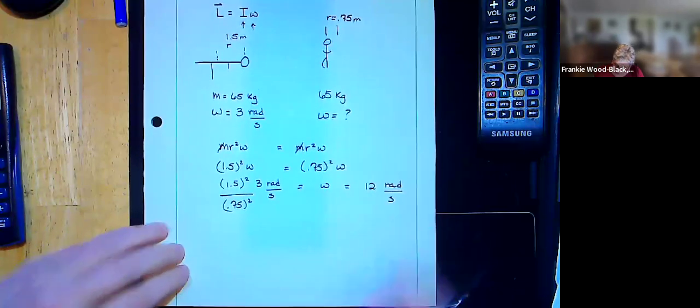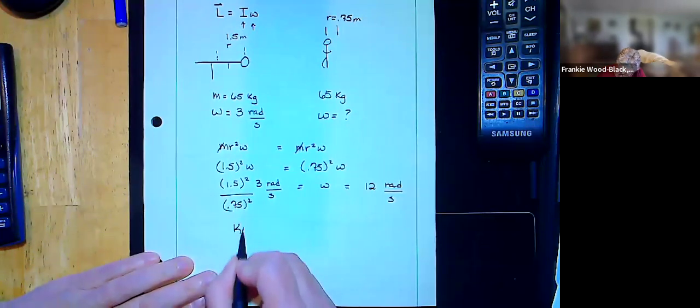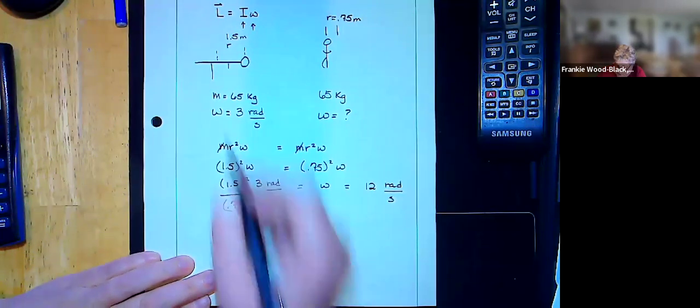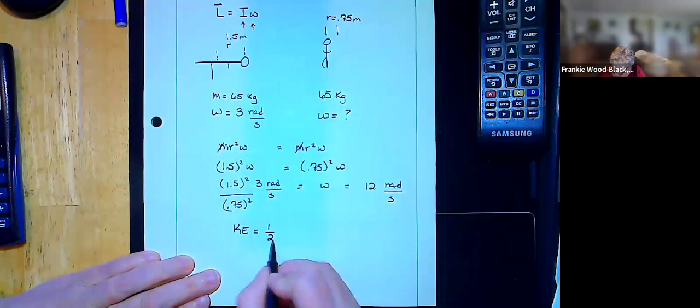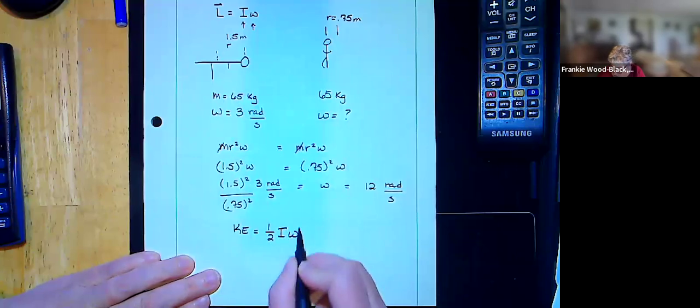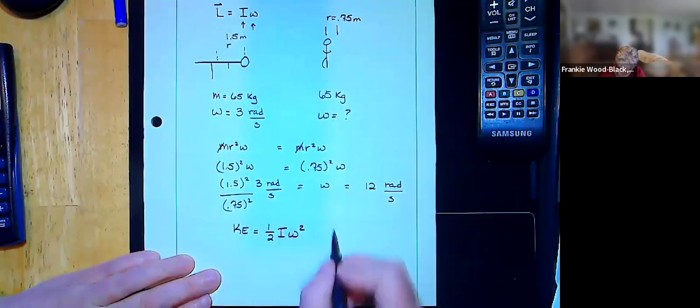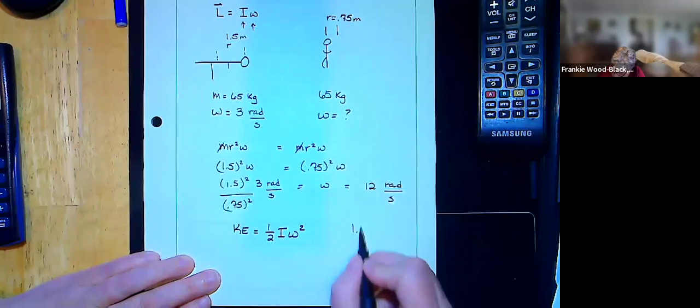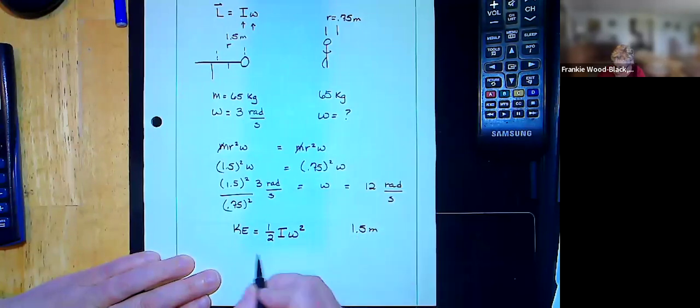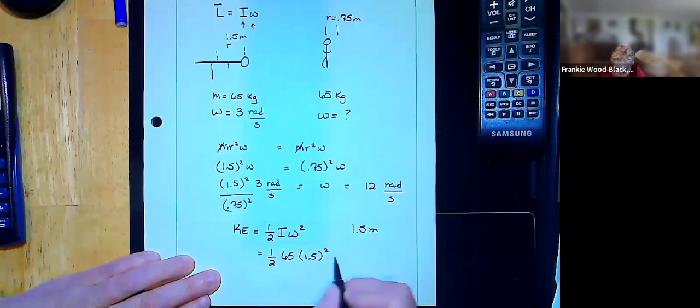We can also calculate the kinetic energy. So let's do the kinetic energy, 1/2 I omega squared, for our 1.5 meters. This is going to be 1/2 times 65, times 1.5 squared, times 3 squared.